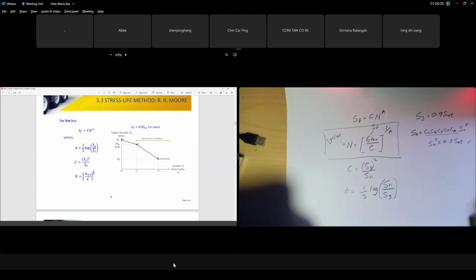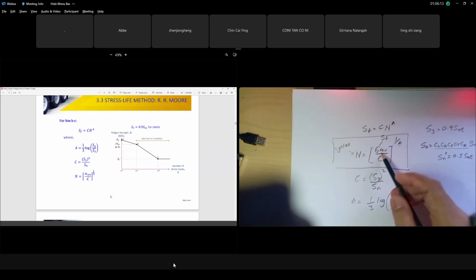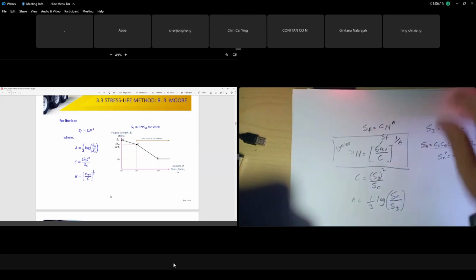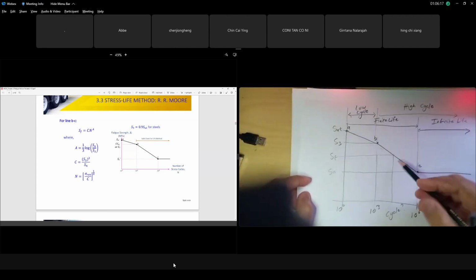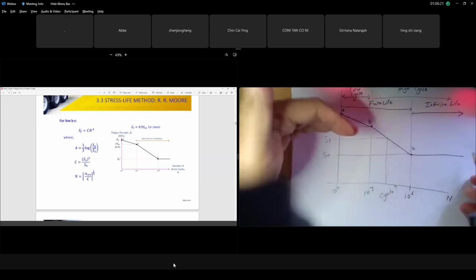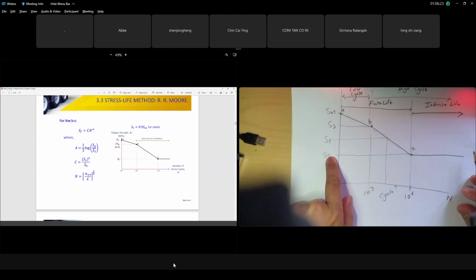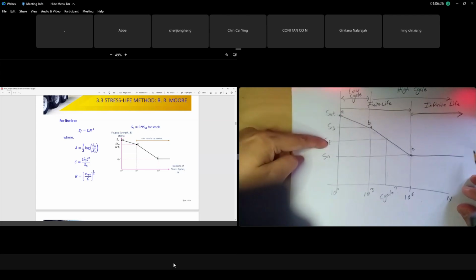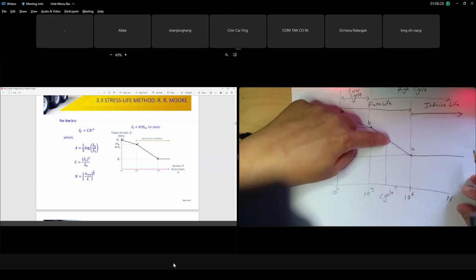Sigma revolution is actually the complete reverse. It is your SF, because of the equation from here. SF2 means we want to predict SF, what is the cycle. Actually from this graph, log 10 SF, because the stress that you calculate is above your endurance limit, so it will fail. But you want to predict based on this log 10.